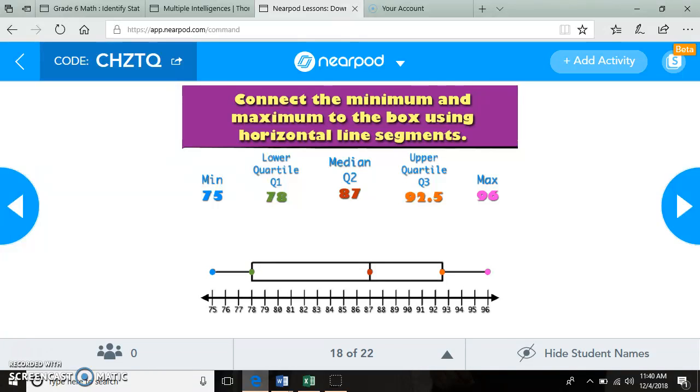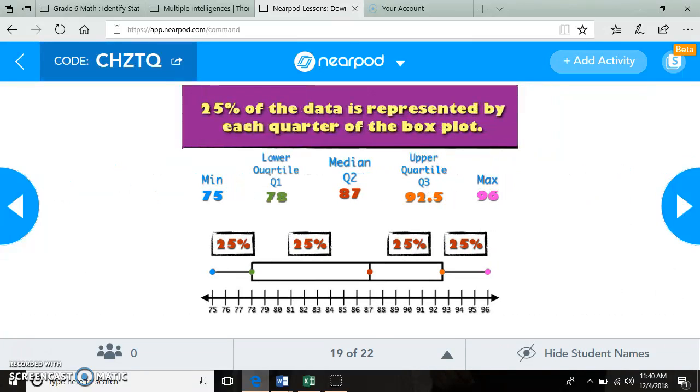And that gives you your box plot. And like we said at the beginning, this has cut each section of the data into a quarter. And we see we have 4 quarters, which means we have all the data that we need.